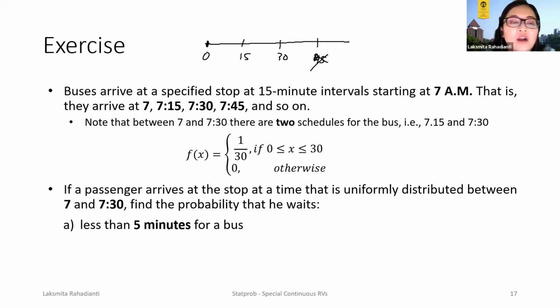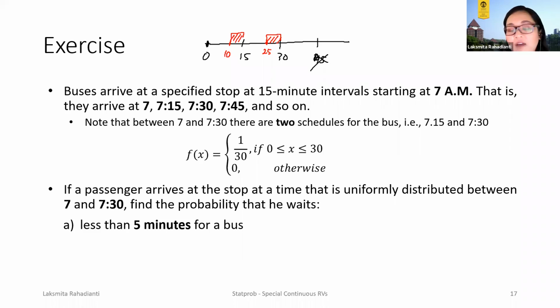Waiting less than 5 minutes means he must arrive between there and there, because he is waiting less than 5 minutes, or he's arriving here. So there are two possibilities in which he would have waited less than 5 minutes.